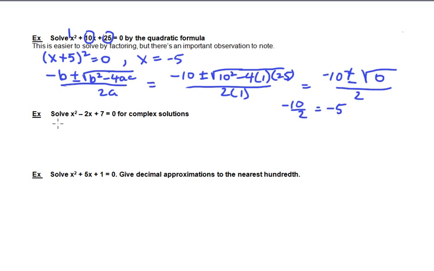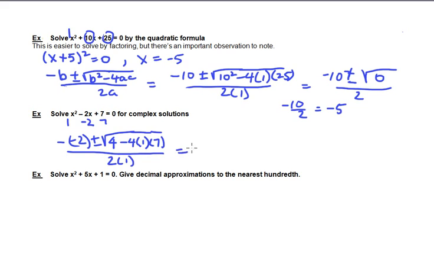Let's move on to this example. So again, we're going to use the quadratic formula, and our coefficients here are positive 1, negative 2, and positive 7. So plugging into the formula, we get negative 2, which is a positive 2, plus or minus the square root of b squared, so negative 2 squared is 4, minus 4 times a, which is 1, times c, which is 7, whole thing divided by 2 times 1.